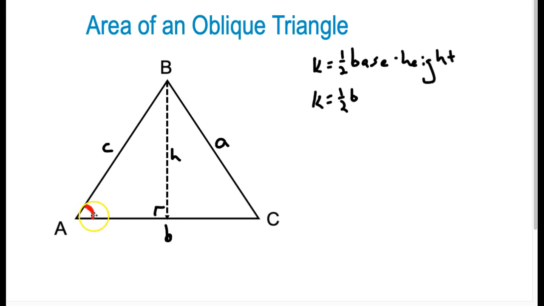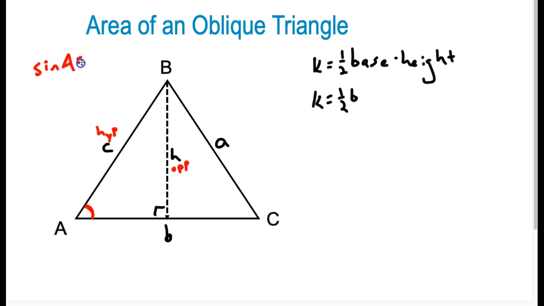With respect to angle A, this would be the opposite side, and this would be the hypotenuse. So using basic right triangle trig, we can say the sine of angle A is equal to h over c.